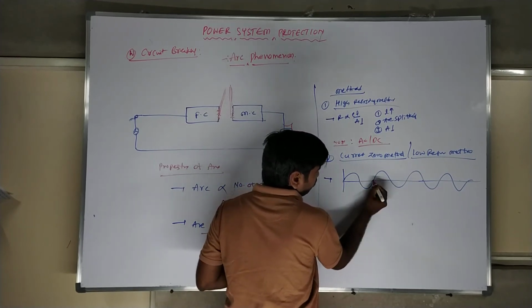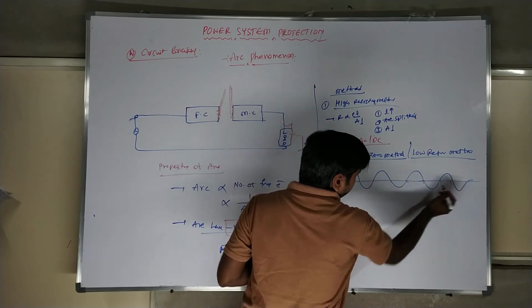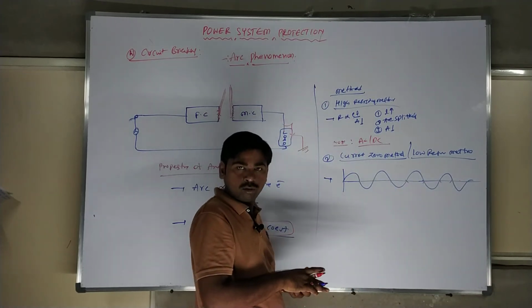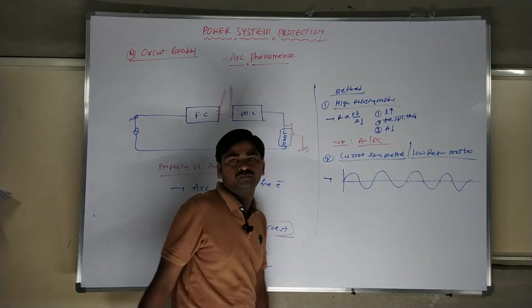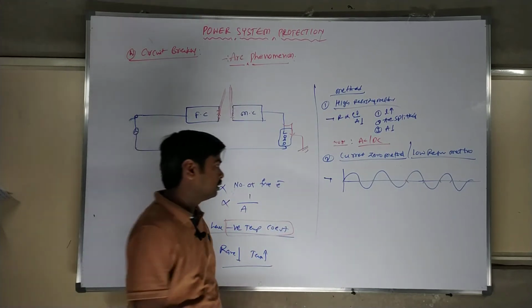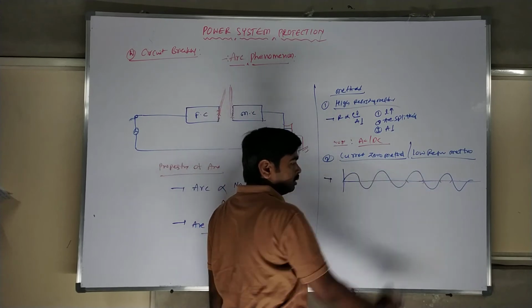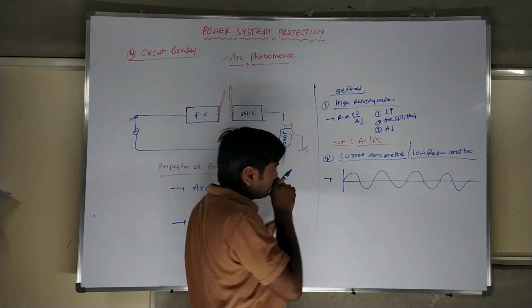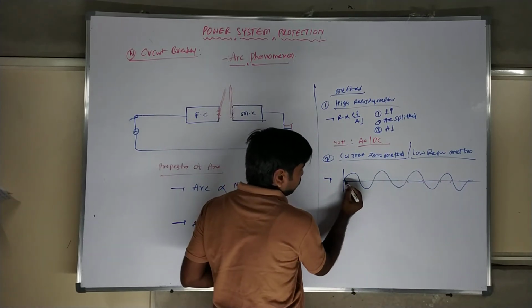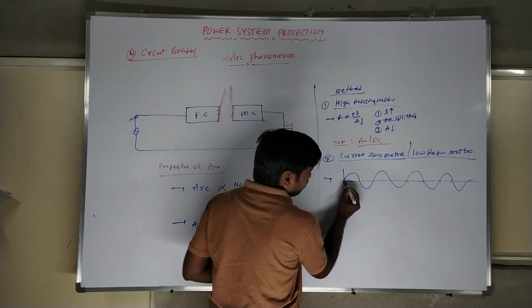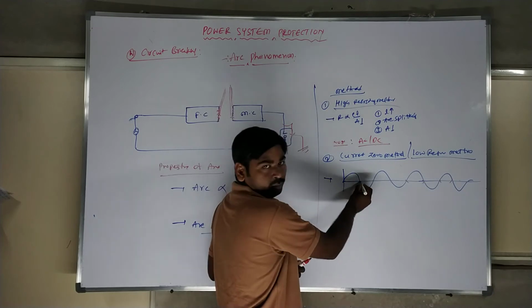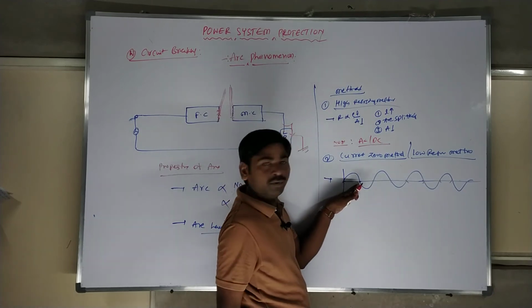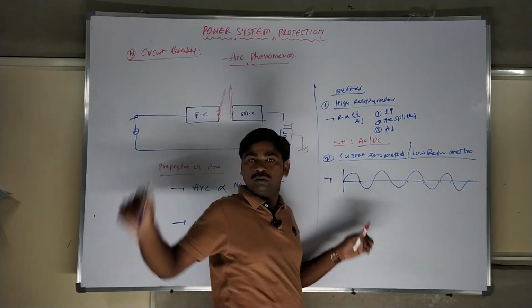This is called a current zero point. At a current zero point, if you lift the circuit breaker, there is no current, so there is no arc. Once again, this is a sinusoidal power supply. You have to open your circuit breaker not here and here, but at current zero locations. If you open the circuit breaker at this particular moment, the current between the fixed and moving contacts is 0.